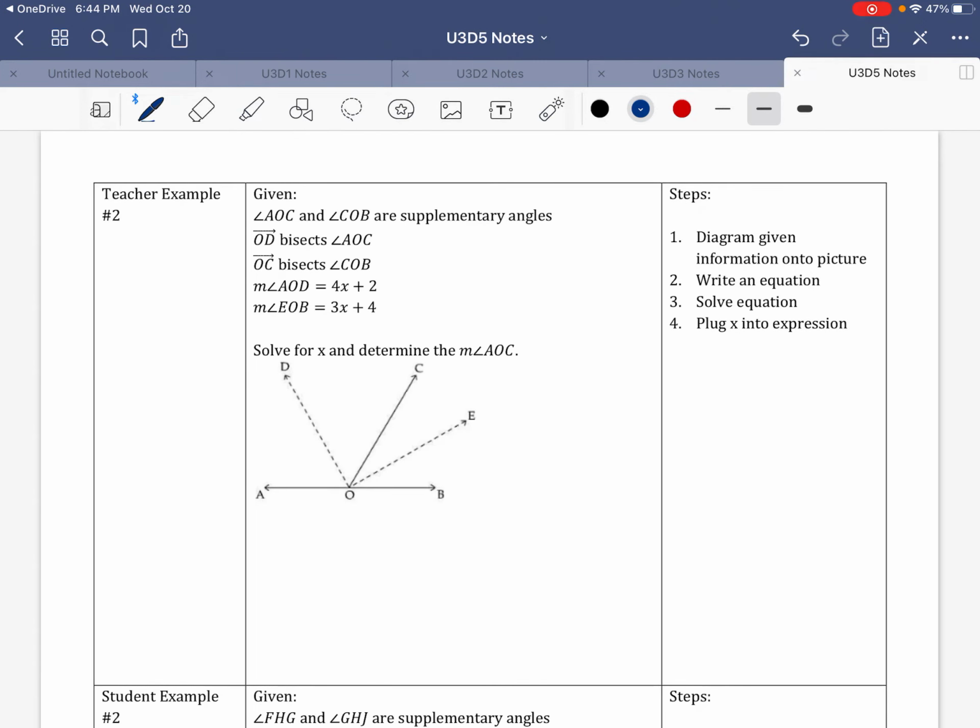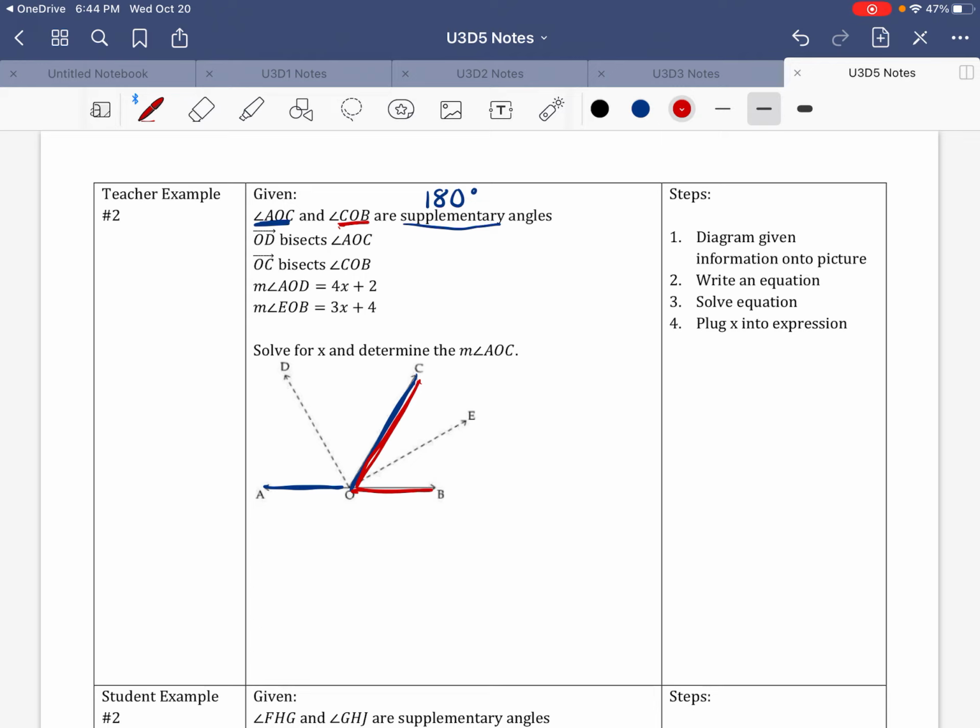All right, so our second teacher example, it looks a little bit more complicated, but we know what all this information means. It says AOC and COB are supplementary angles. So this word supplementary means it equals 180 degrees. Let's take a look. AOC here is going to be AOC here. And then COB is going to be COB.